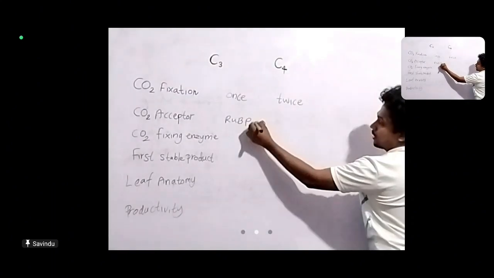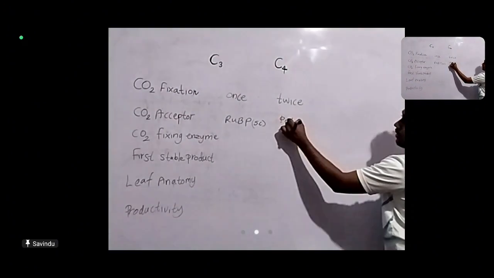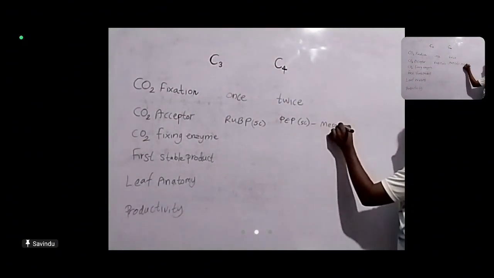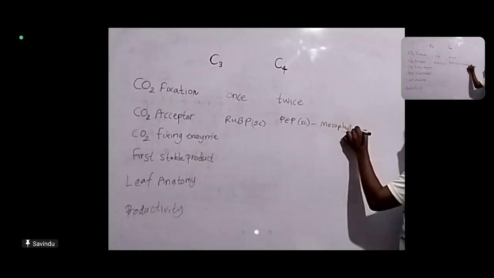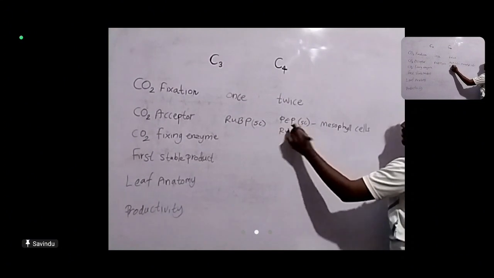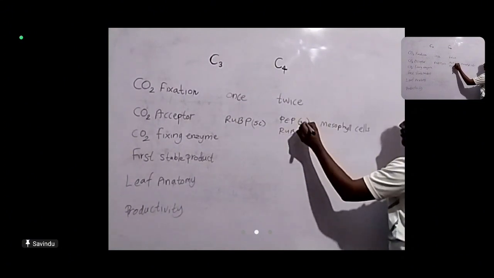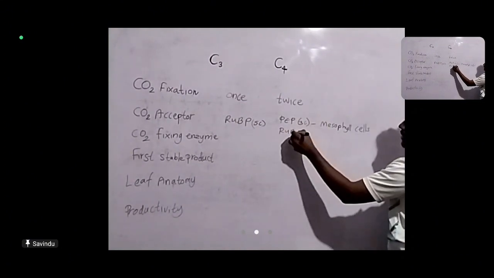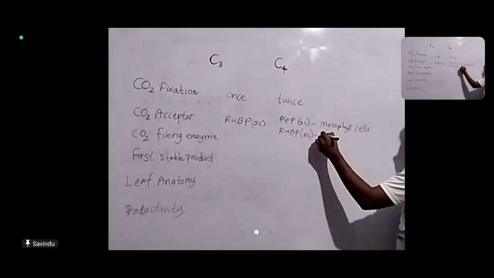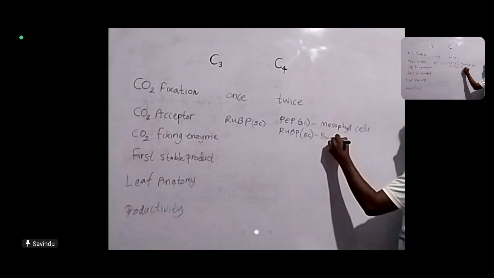PEP is 3 carbon, RuBP is 5 carbon. Sorry, I said PEP 5 carbon in mesophyll cells, that was very much wrong. PEP is 3 carbon in mesophyll cells, RuBP is 5 carbon in bundle sheath cells.